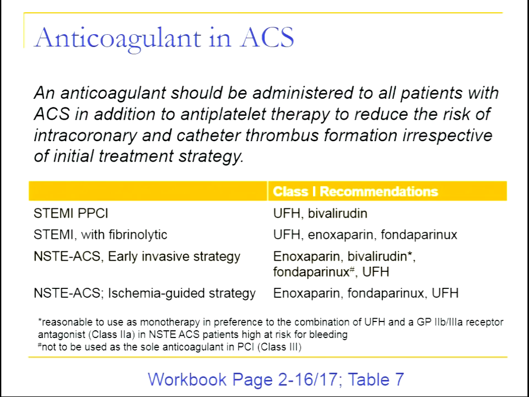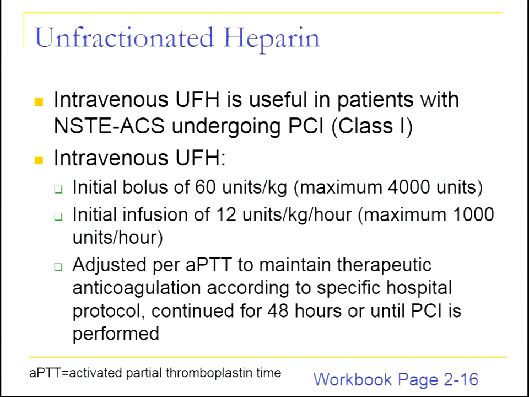It becomes unfractionated heparin, enoxaparin, and fondaparinux, because those have been studied with fibrinolytic therapies where bivalirudin has not. If you are taking them to the cath lab to see the anatomy, to see if you can intervene on that patient, then all four become class 1 options. And when you're medically managing a patient, note that bivalirudin is not an option according to the most recent non-ST segment elevation ACS guidelines.